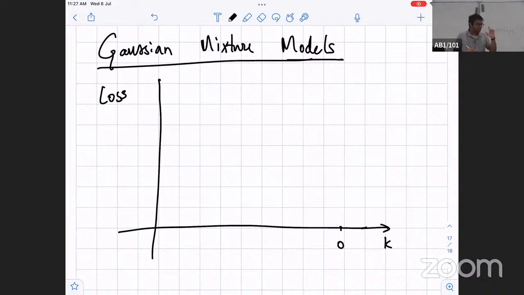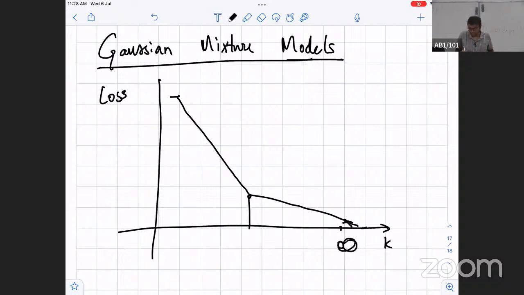The minimum is 1, which will have high loss, right? So when you plot it, you will have some kind of elbow. The point where it is elbowing out, that's the point where you stop. That's the way you can choose a K.